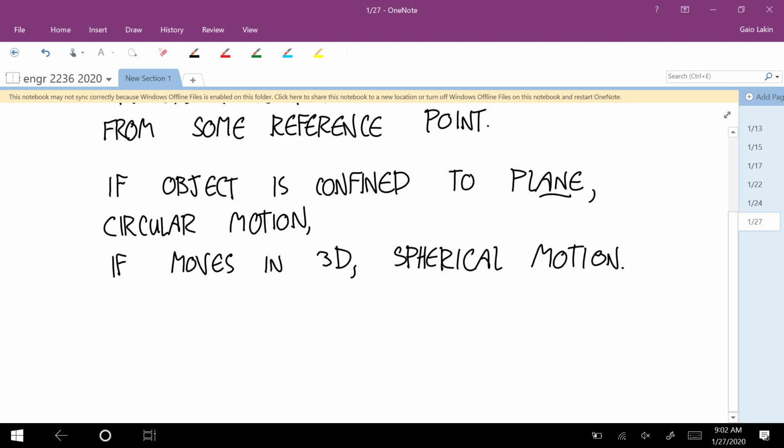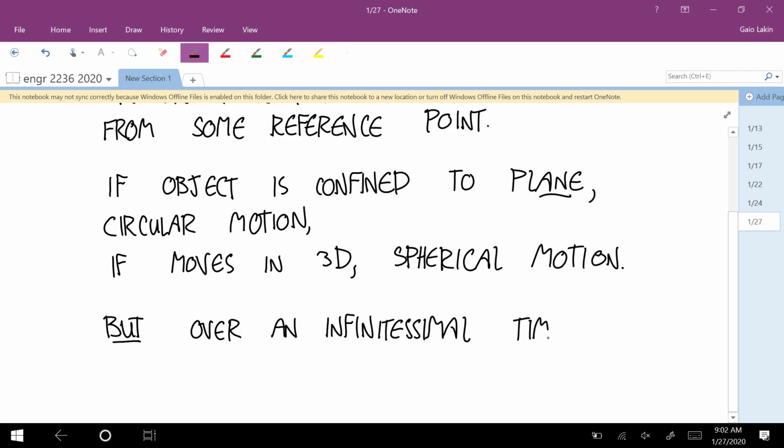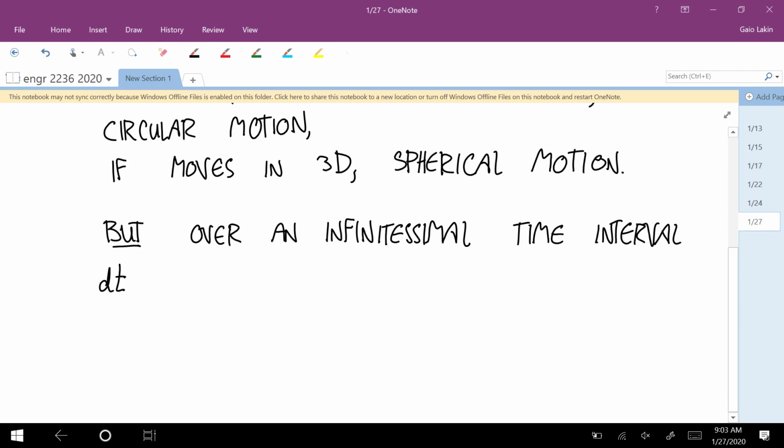But if you think about an infinitesimal time interval, dt, the object remains in a plane for either one of those two motions.